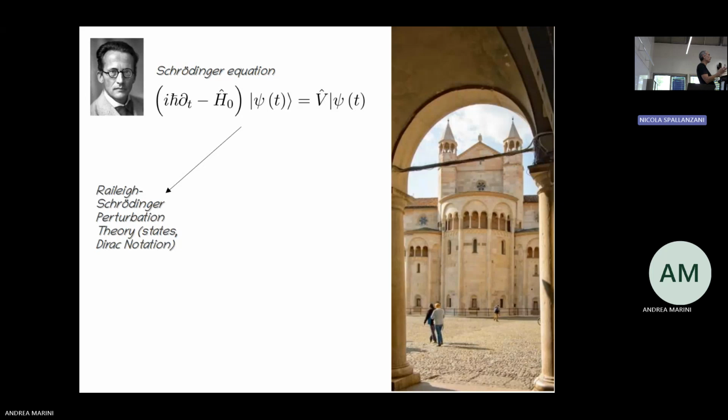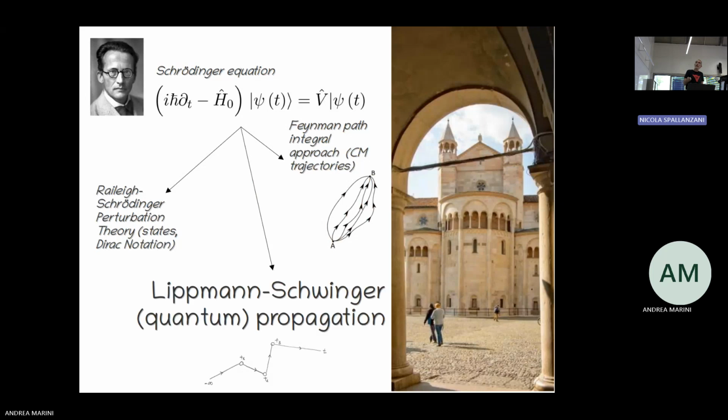It is an approach to calculate dynamically the effect of a perturbation. For the next slides, V will be a one-body potential. One possibility is to use Rayleigh-Schrödinger perturbation theory. Another, not so known but very famous, is the Feynman path integrals, which is another exact way to solve the Schrödinger equation. And then there is Lippmann-Schwinger quantum propagation.